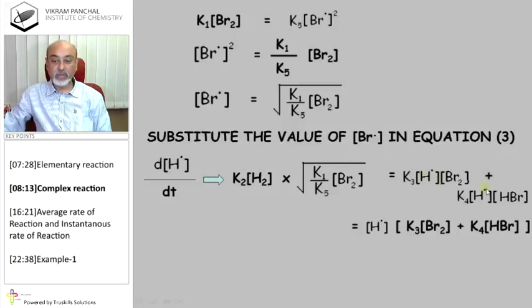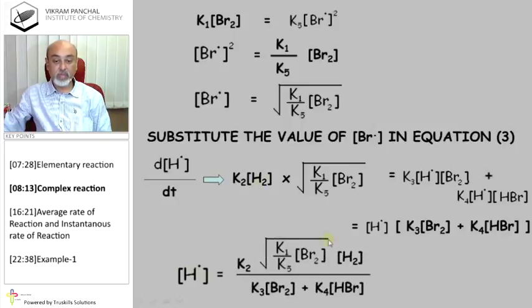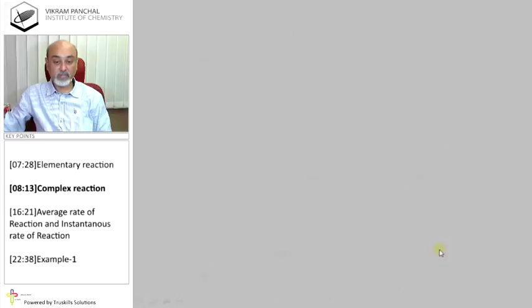Now H dot is common in these two, so we'll keep it outside, and the others will be in bracket. So H dot into K3 Br2 plus K4 HBr. Now we change the side of this and we can make H dot the subject. Therefore H dot is K2 into under root K1 upon K5 into Br2 into H2 upon K3 Br2 plus K4 HBr.